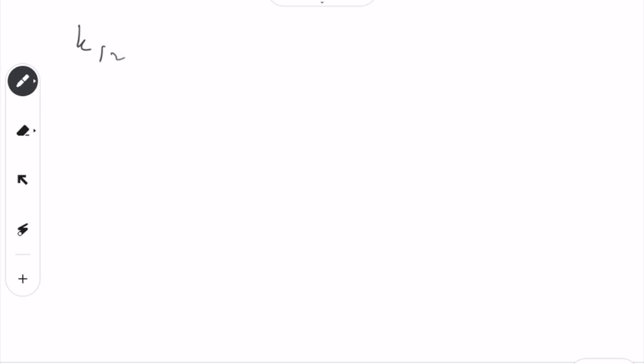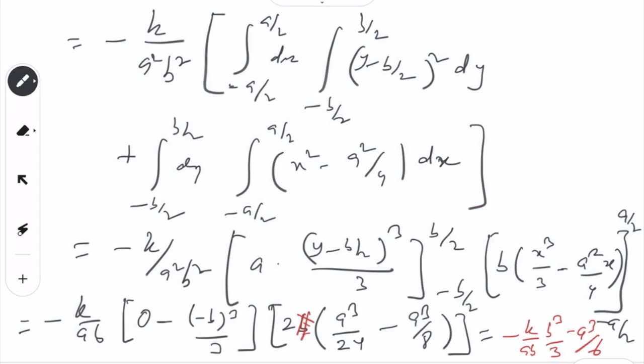So we can write it as k12 is equal to k a square b square over 18. Okay, so hopefully this is all right.